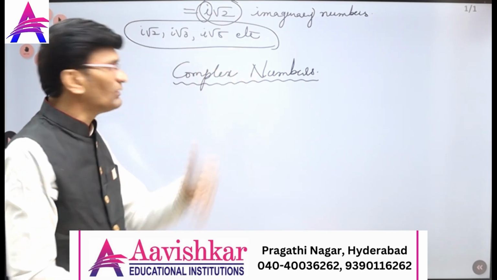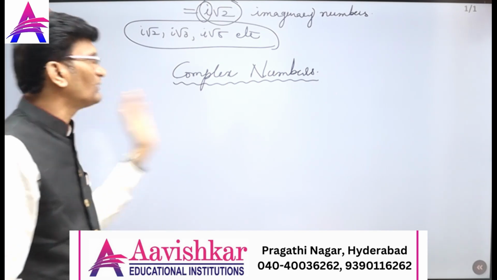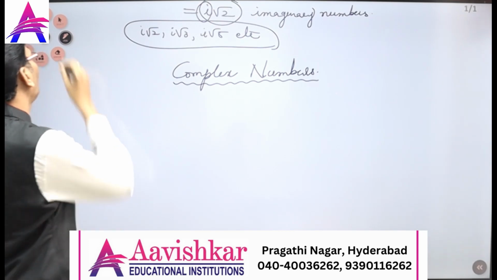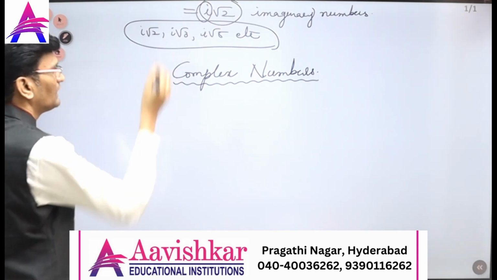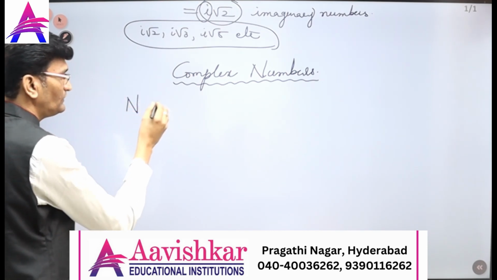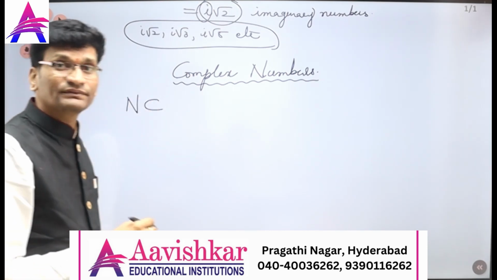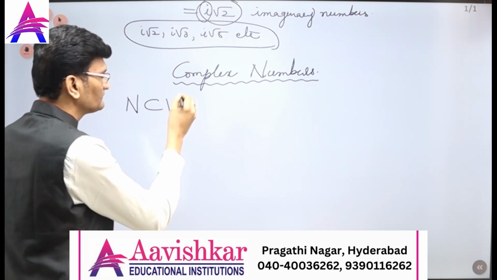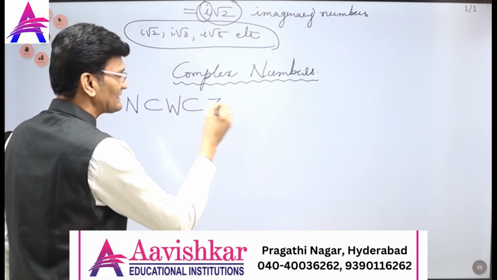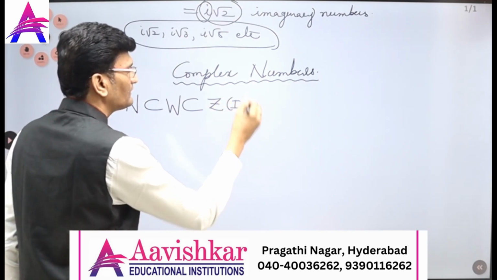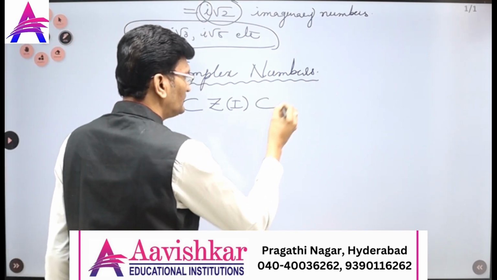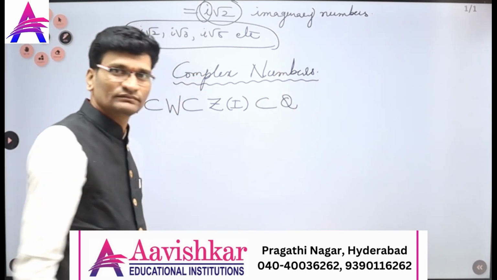After knowing what a complex number is, now let me write one order. All of you know the natural numbers, the countable numbers, denoted by capital N. Capital N is a subset of whole numbers, and whole numbers are a subset of integers, denoted by Z or I. Integers are a subset of rational numbers.